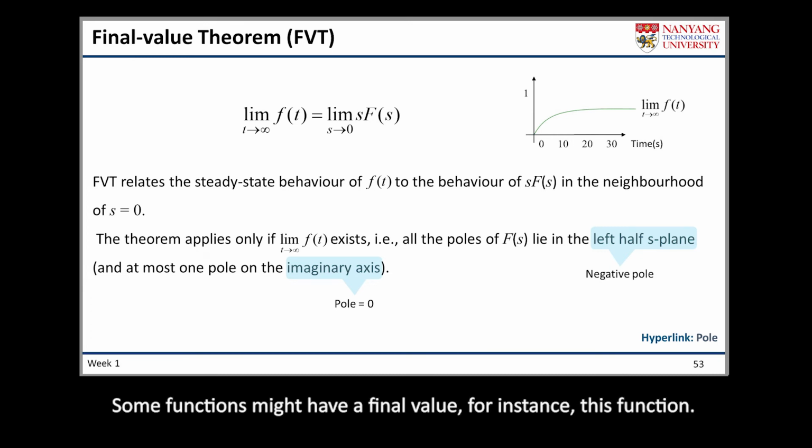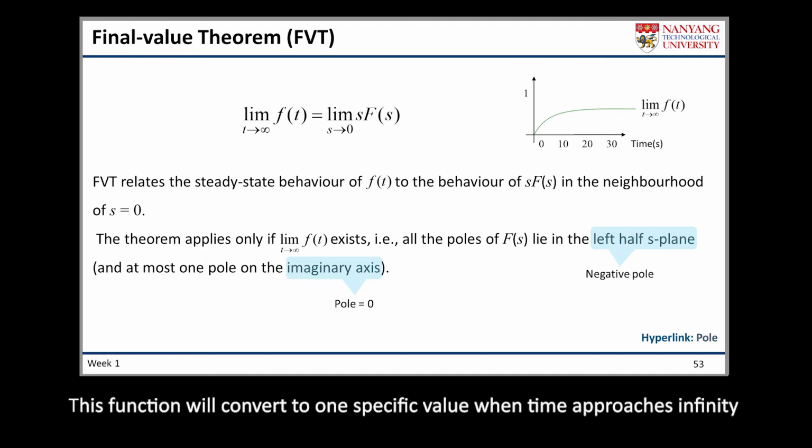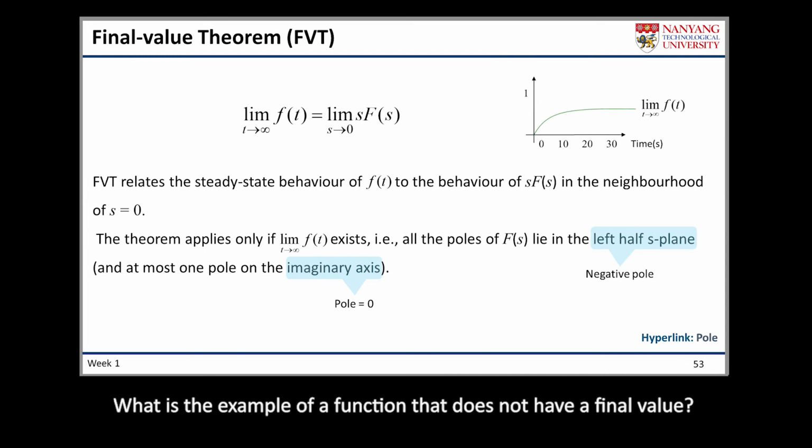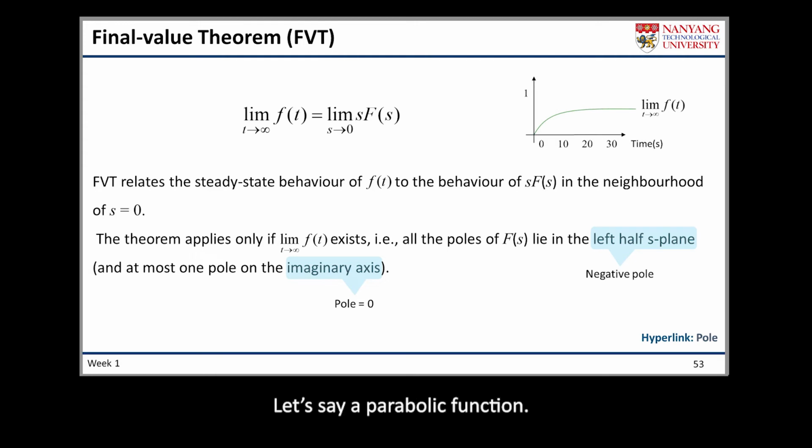Some functions might have a final value. For instance, this function will converge to one specific value when time approaches infinity, right? So this function has a final value. Some other functions might not have a final value. What is an example of a function that doesn't have a final value? Let's say a parabolic function.